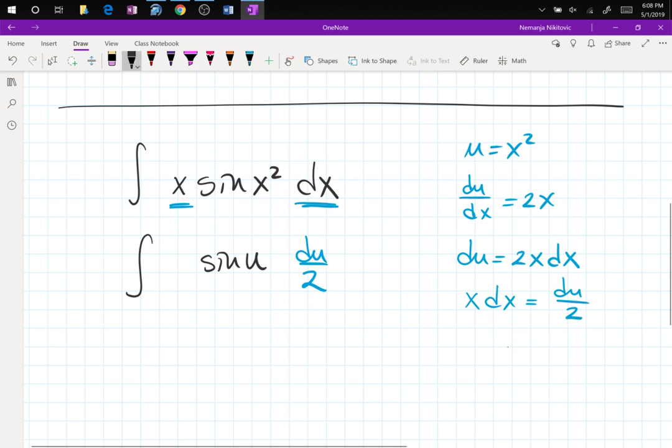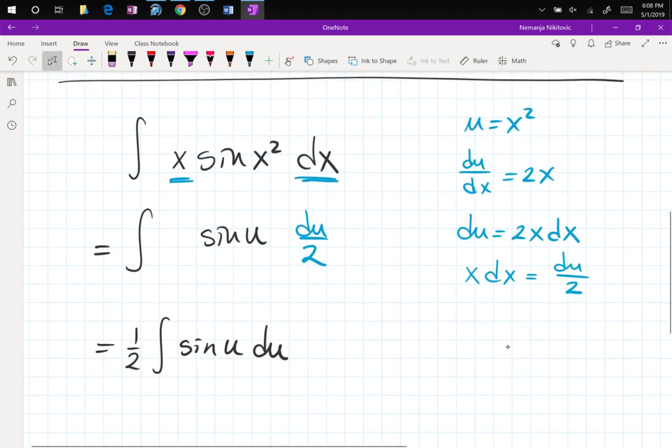So now your integral is 1/2 integral of sine u du. That's your integral. So we went from something that is terrible to something that is a joke, which is a basic integral.